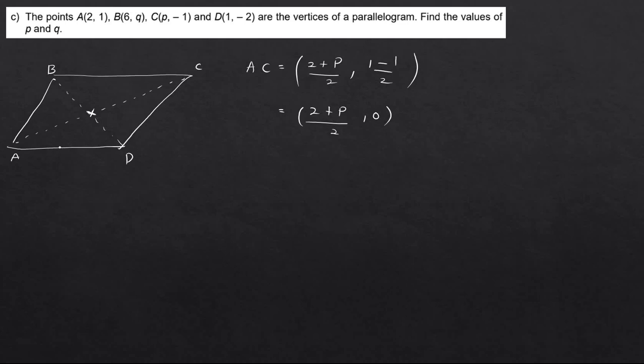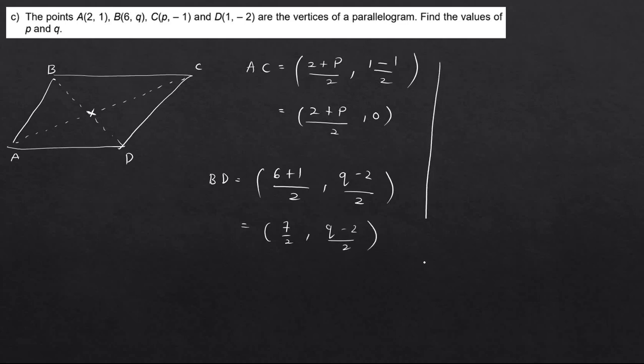So this is the midpoint from A to C, and then let's find the midpoint from B to D. 6 plus 1 over 2, and Q minus 2 over 2. So 7 over 2 and (Q minus 2) over 2.